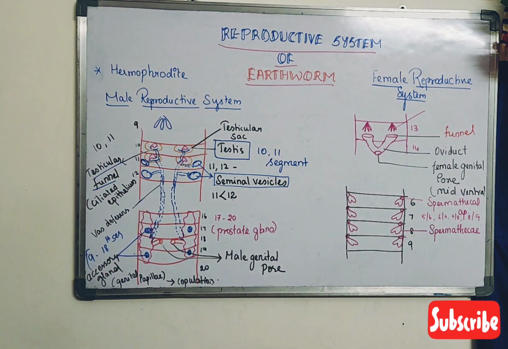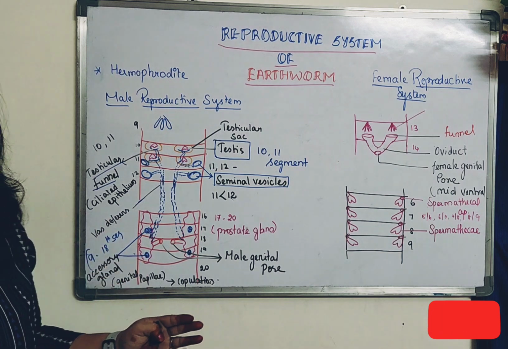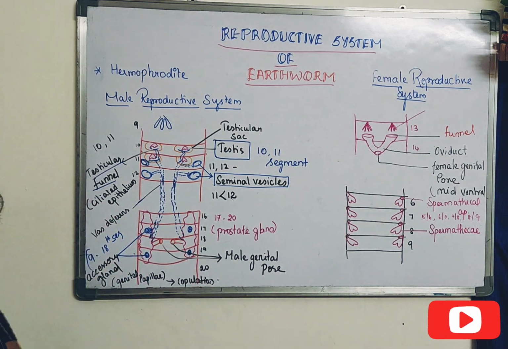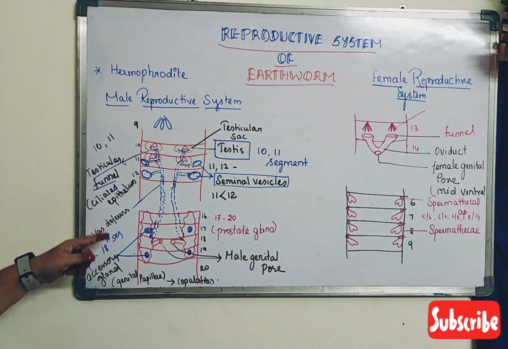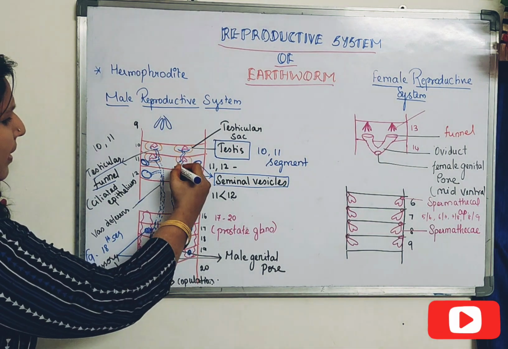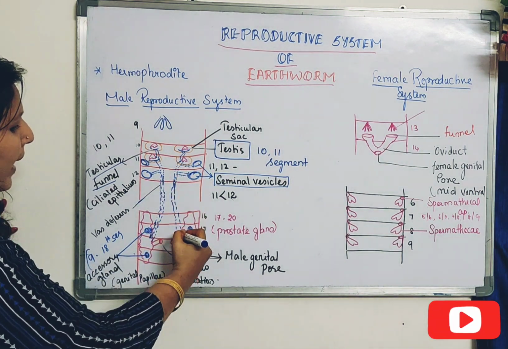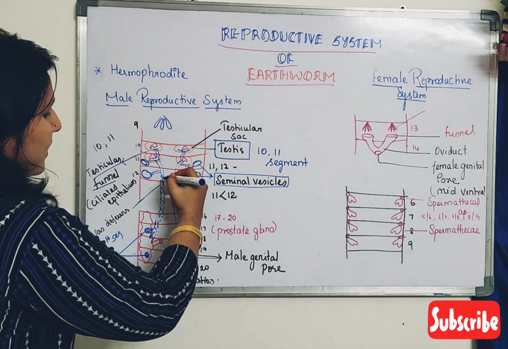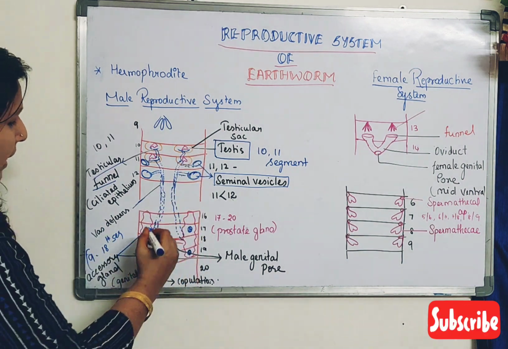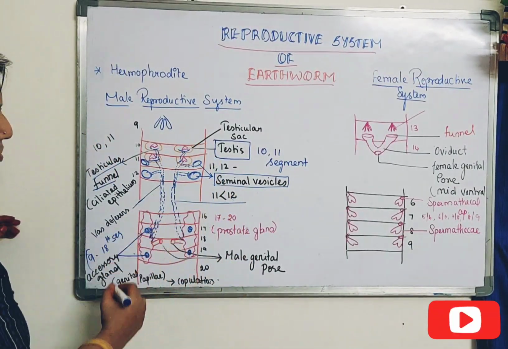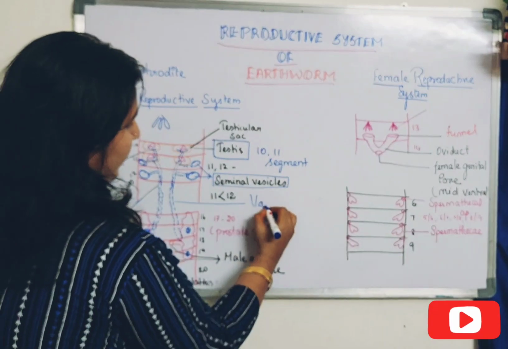This testicular funnel consists of some small hair-like structures, and it is made up of ciliated epithelium. The testicular funnel extends up to the 18th segment, and we call this long funnel-like structure the vas deferens.